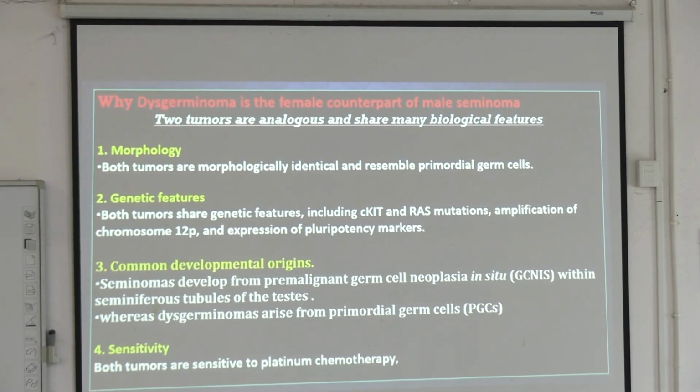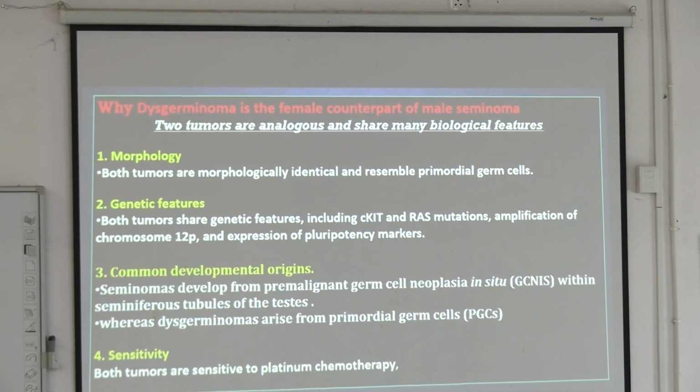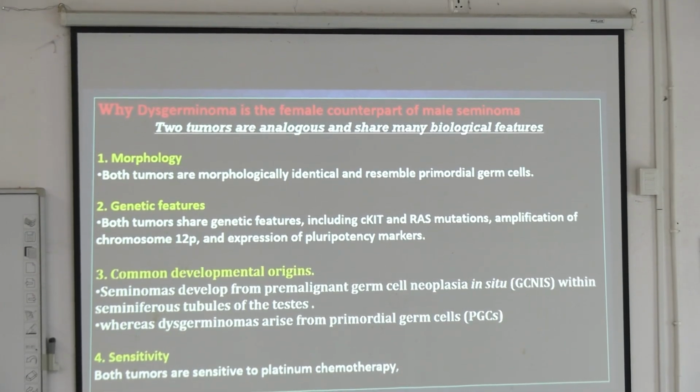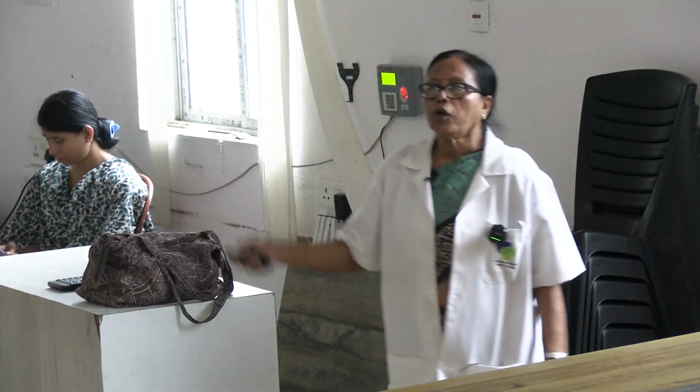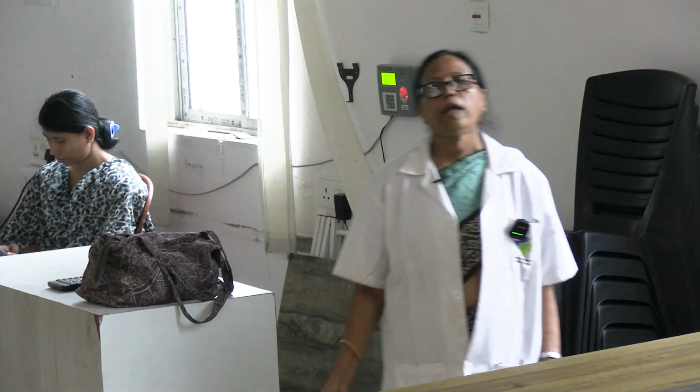That's why they are similar. Developmentally, seminoma originates from the germ cell, and Dysgerminoma also from the primordial germ cell. So origin, genetic factors, morphology and microscopic appearance all look the same.